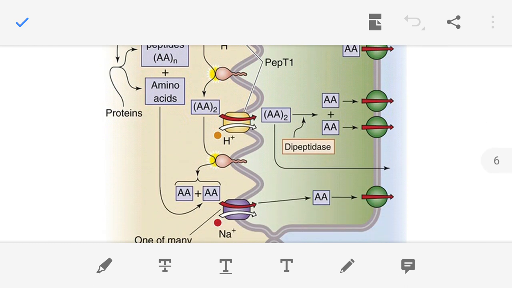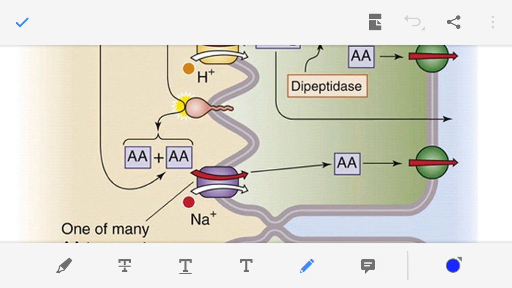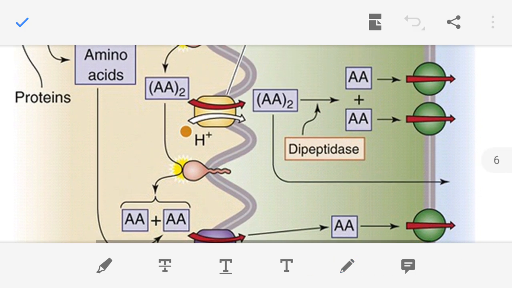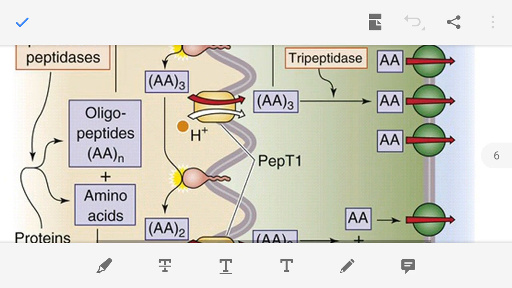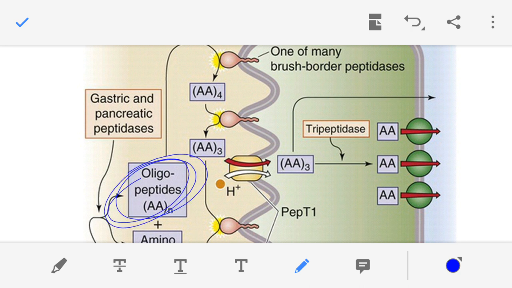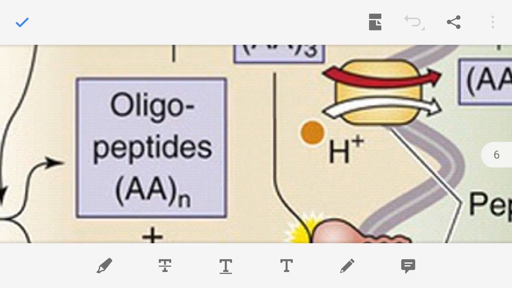And where are these amino acids going? Here the amino acid is shown. This is the brush border, and these amino acids are transported by a carrier protein or transporter, and they enter the cytoplasm of the enterocyte cell. Now what happened to these oligopeptides? You see the formula AAn.